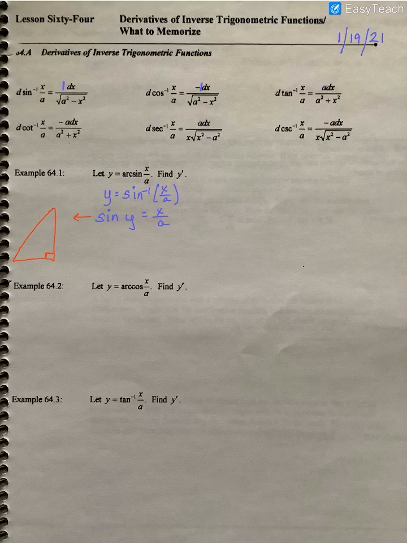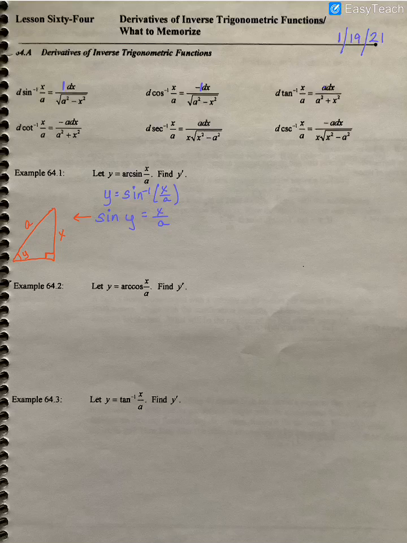So if you remember, sine is, as in SOHCAHTOA, opposite over hypotenuse. So the sine of angle y, using this angle right down here to be y, is equal to opposite over hypotenuse. So that is going to be x over a.